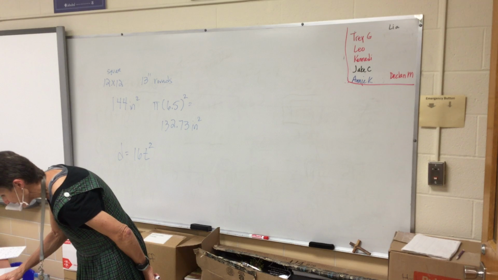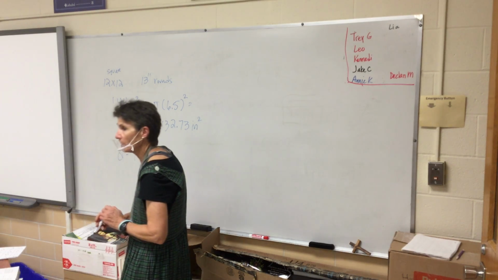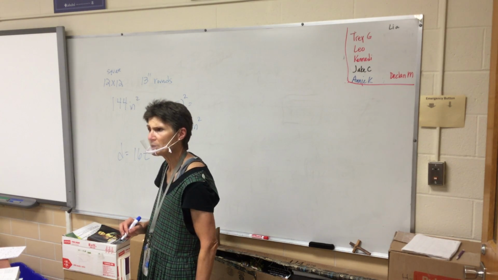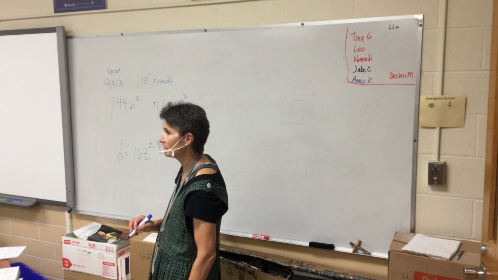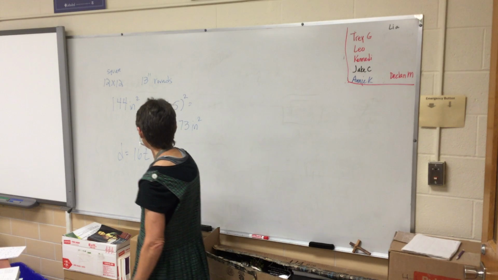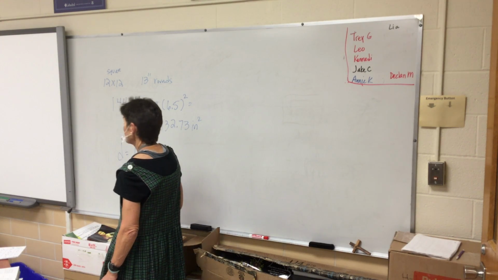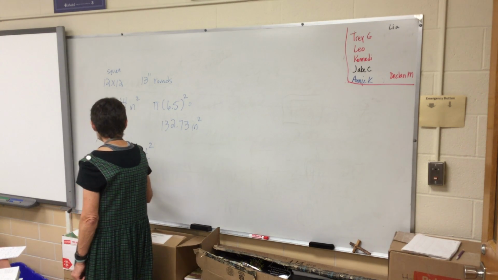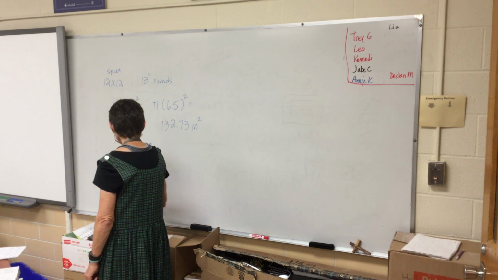All right, so let's see. How long will it take the bomb to fall 180 feet? Well, what would we do? Put in 180 where? For D, sure. So 180 equals 16t squared.